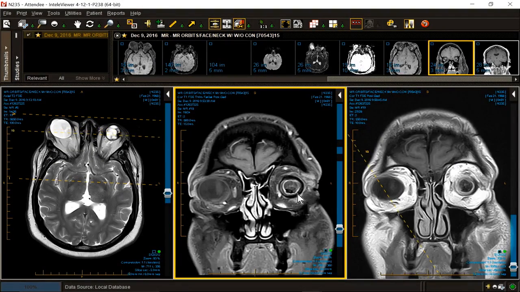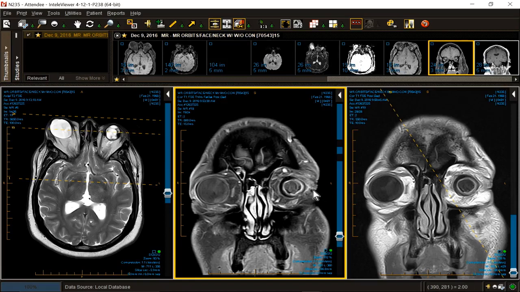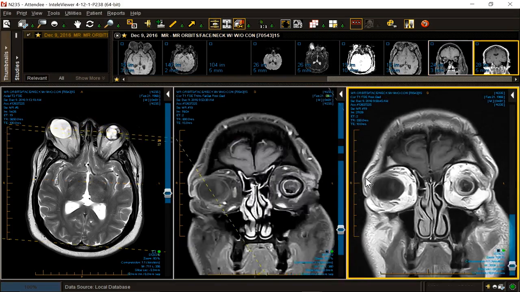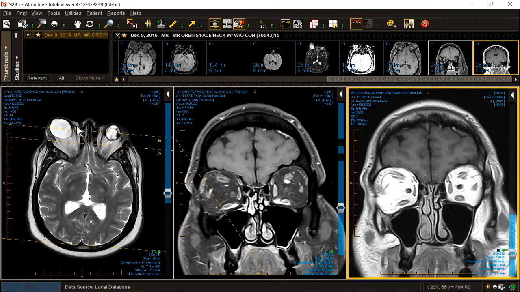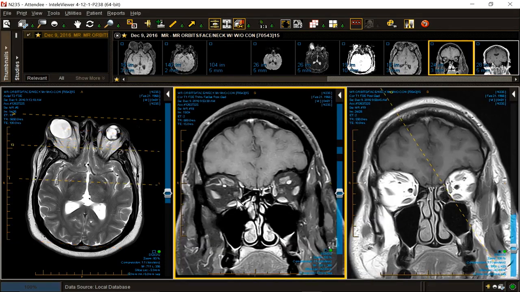Now, by history, allegedly there was a scleral buckle placed. I don't know how that relates to the phthisis bulbi. But I think I can convince you that there is proptosis and fatty hypertrophy, especially on the right. What about the extraocular muscles?